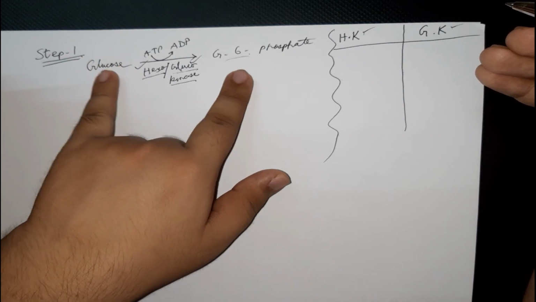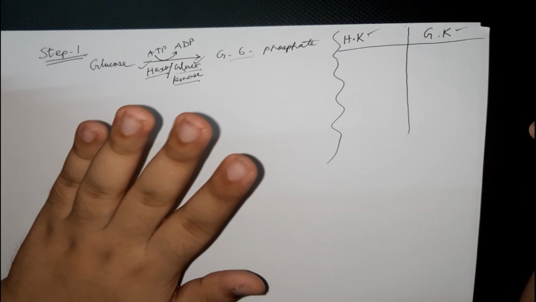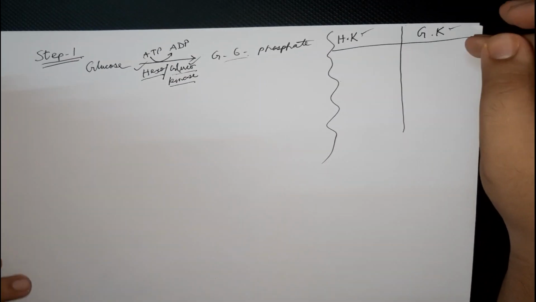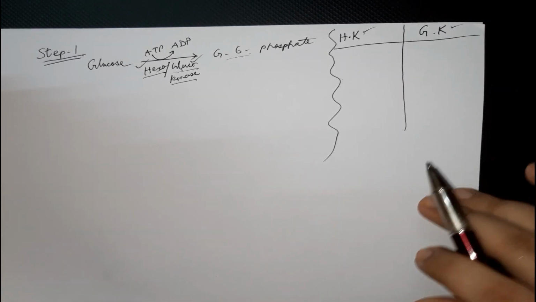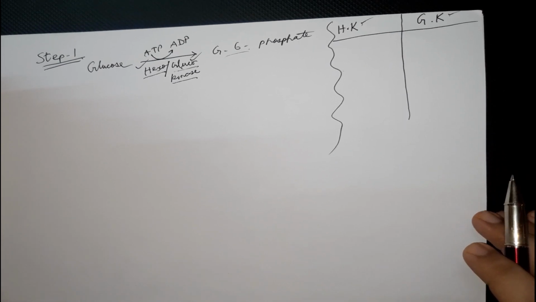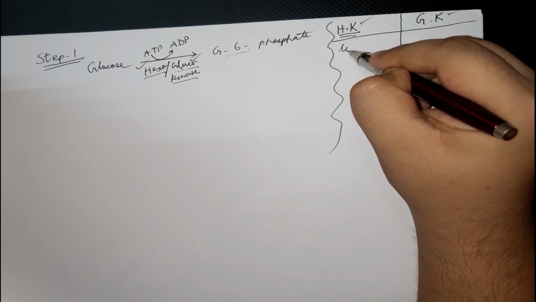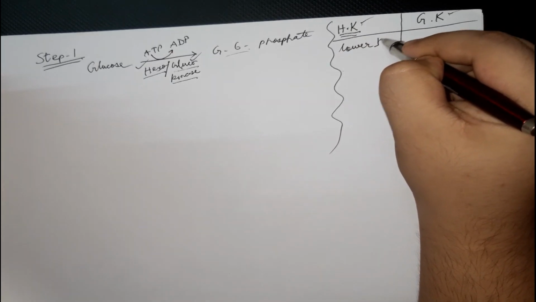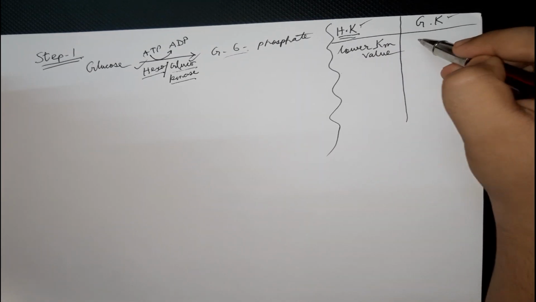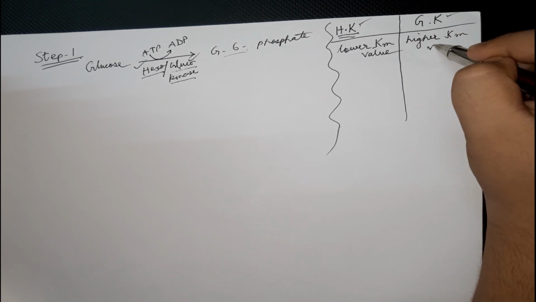This conversion is facilitated by this enzyme, be it hexokinase or glucokinase. But the most primary difference between hexokinase and glucokinase is that hexokinase has a lower Km value, whereas glucokinase has a higher Km value.